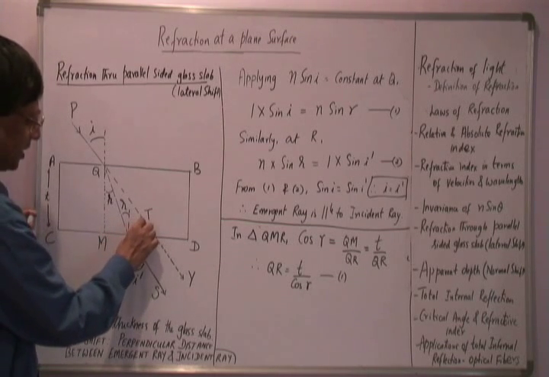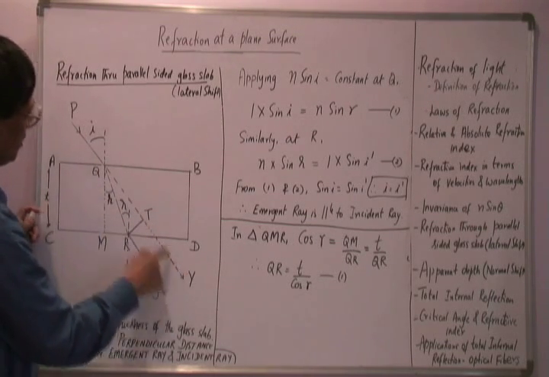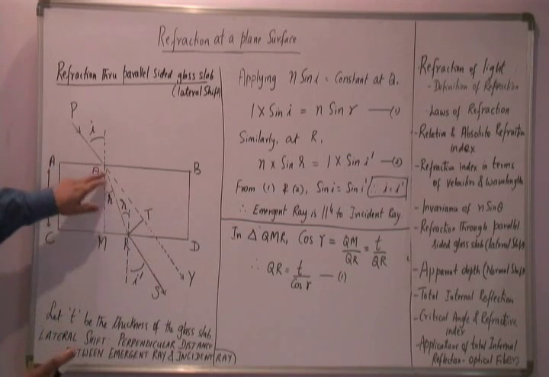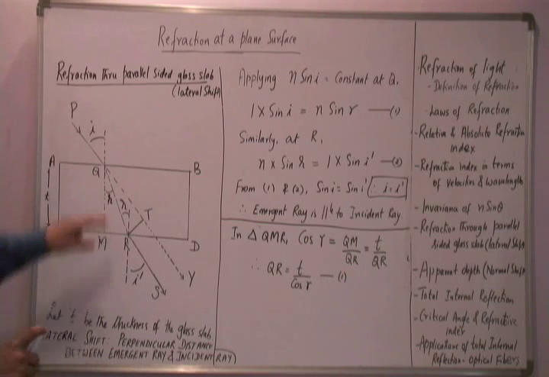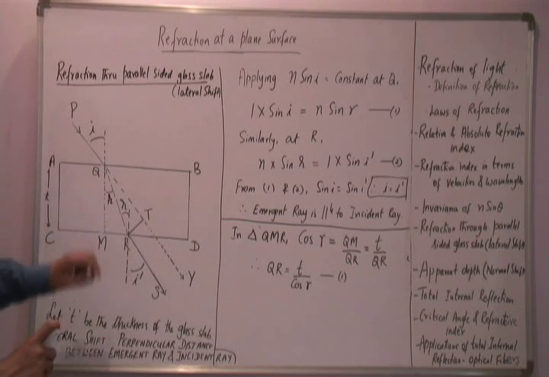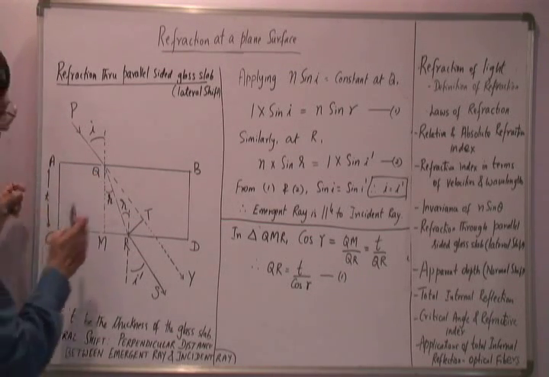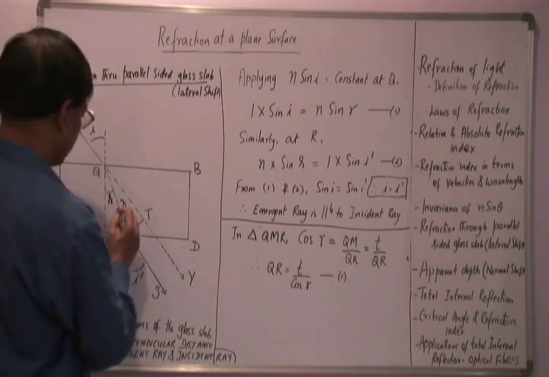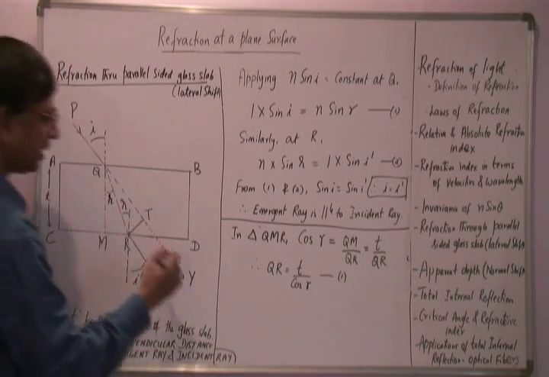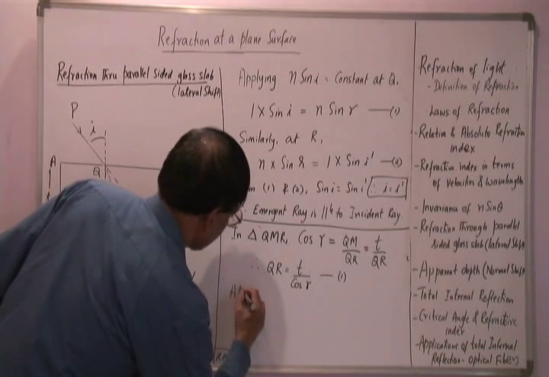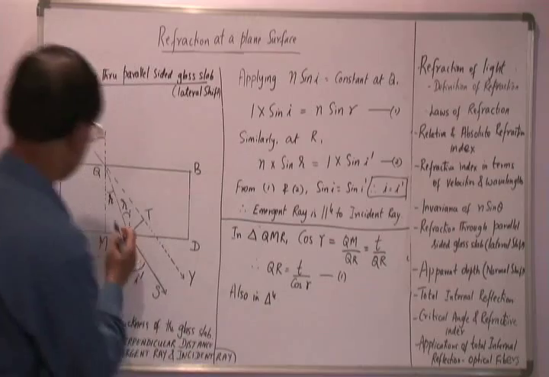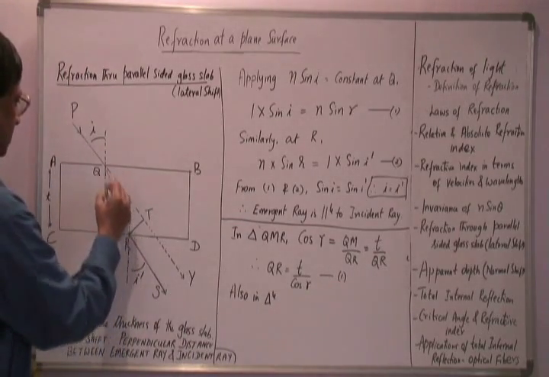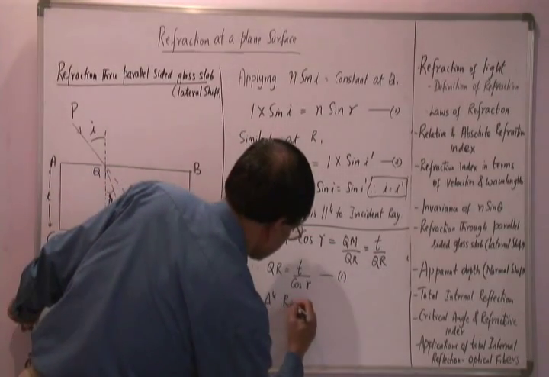So RT is perpendicular to PQTY, which means QRT is a right angle triangle. Now consider the angle RQT in triangle RQT.